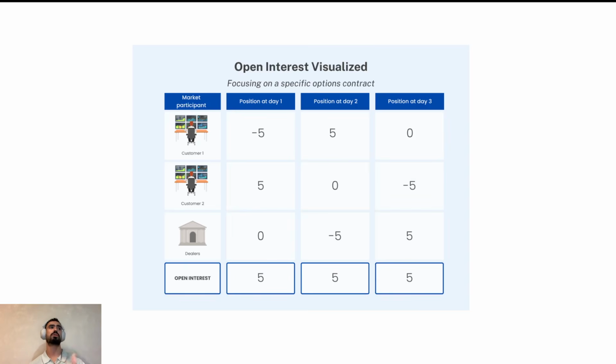And the same is true once again. Market makers can be long 5 contracts, and on the other side of the trade, there's a customer who is going to be short 5 contracts. And once again, the open interest is 5, and now the market maker's option position is 5. So we can see a 200% discrepancy in the actual market maker positioning, where the open interest showed the exact same thing. So don't use open interest if you're serious about your trading.